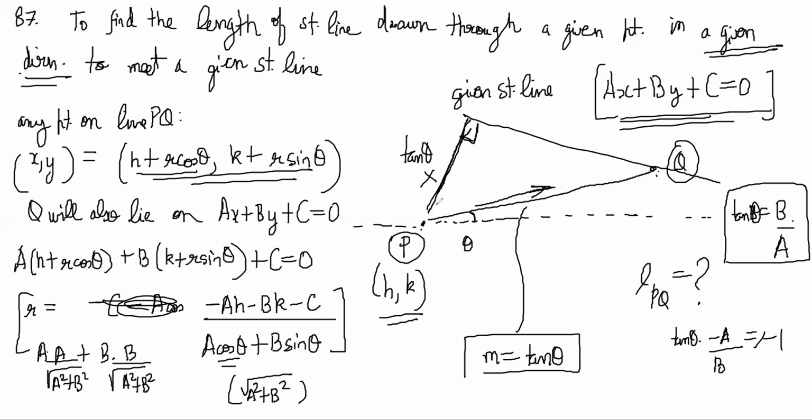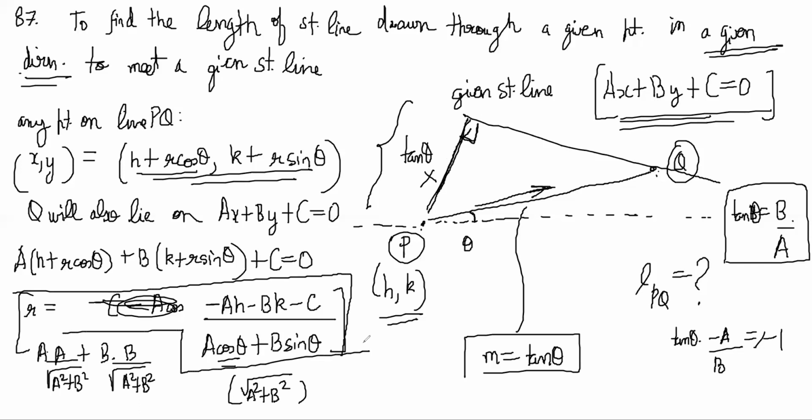Now it is fitting the formula that we had derived earlier, no? Perpendicular from this would be ah plus bk plus c by root a square plus b square, no? Same formula is coming. So basically he's saying from this theory that he has just derived, by using tan theta equal to b by a, you can derive the formula that we got earlier, right?